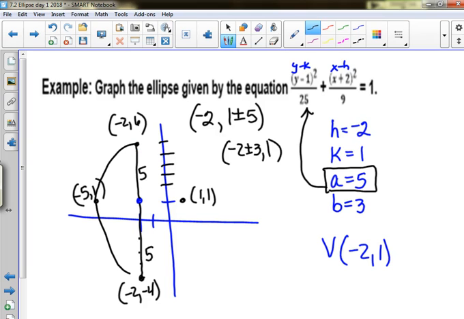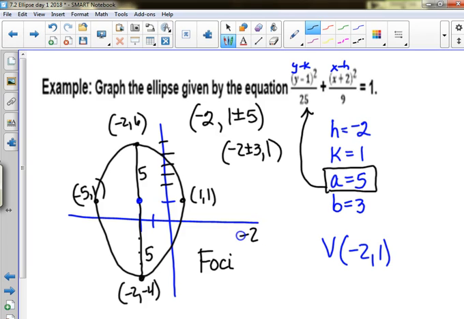There's my ellipse. Yeah, it's very nicely symmetric. The only other thing that I'm going to ask you to tell me is the foci, okay? The foci are always on the major axis. Does that make sense? Okay. The foci are on the major axis.